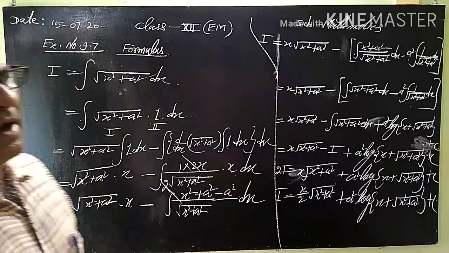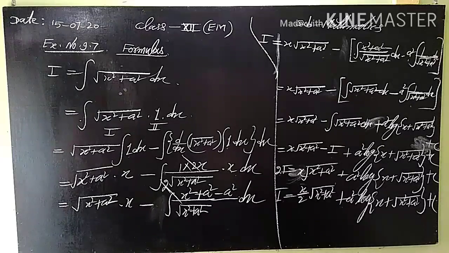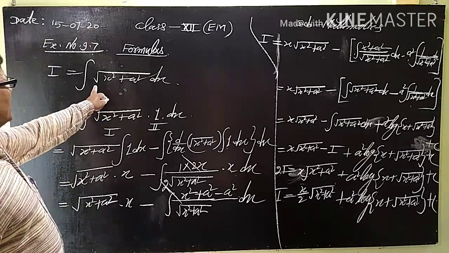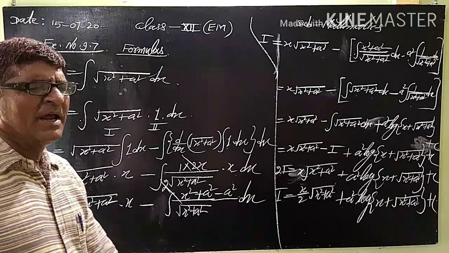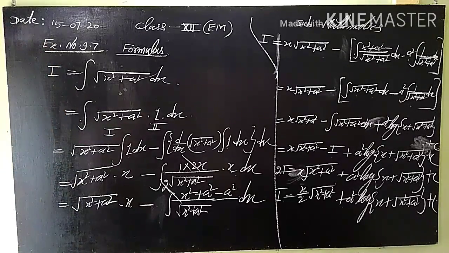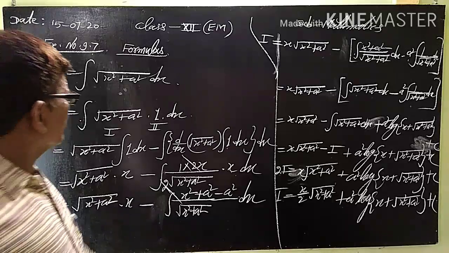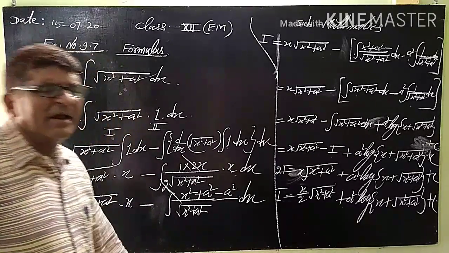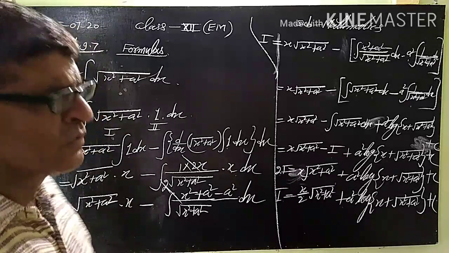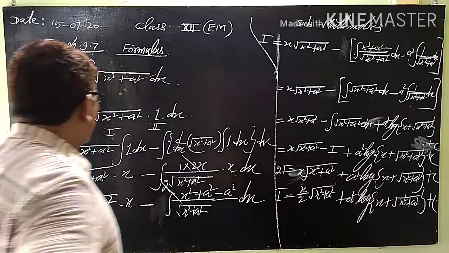Now again I explain how to prove it. It is given: under root x square plus a square. We have to integrate it, and the second function we have taken as 1. So this is first and 1 is second according to the ILATE rule.